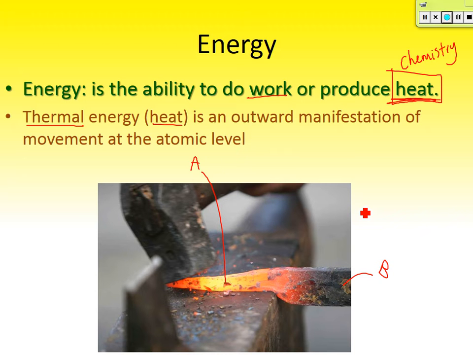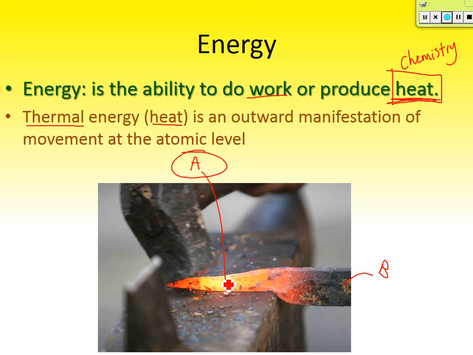Yeah, hopefully you're saying that the atoms are moving fastest at A. How do you know that, though? Yeah, just based on the looks of it, this looks like it's at a higher temperature. This looks really hot, doesn't it? I mean, B is probably really hot as well, but it's not as hot as A. So what's happening is these molecules or these atoms at this point are moving faster. That's what leads to heat.